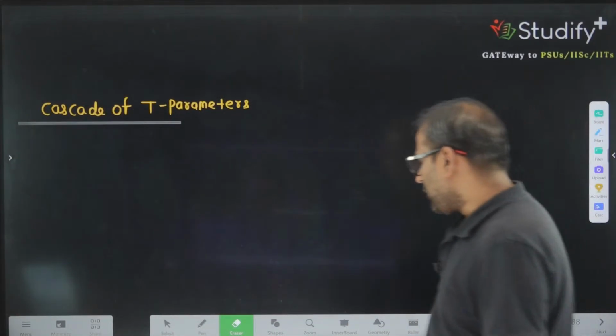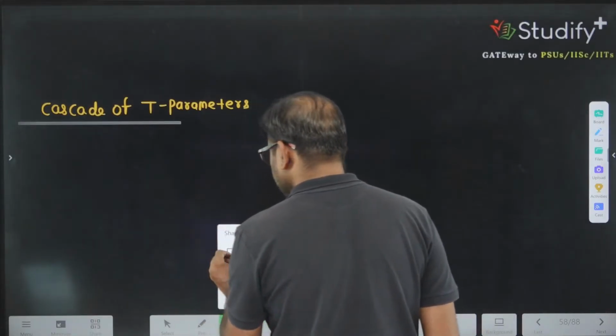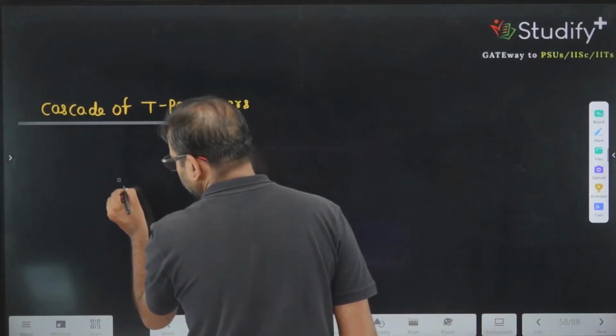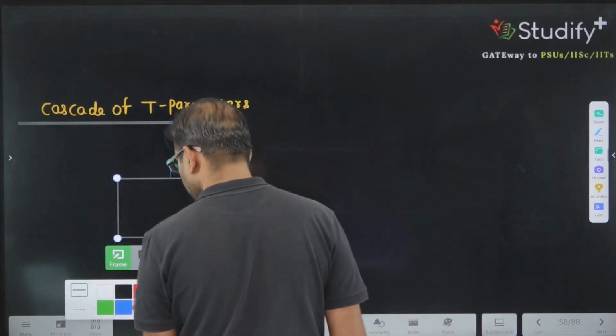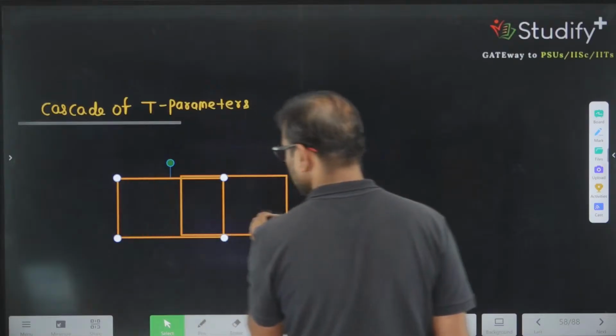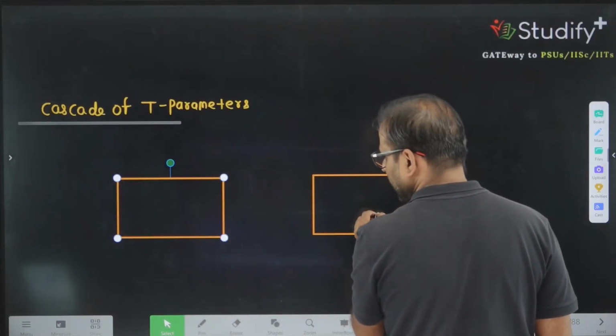Suppose we are having, let's take the example of two ABCD parameters. So this is one, this is second.